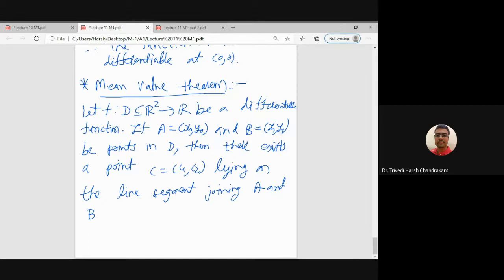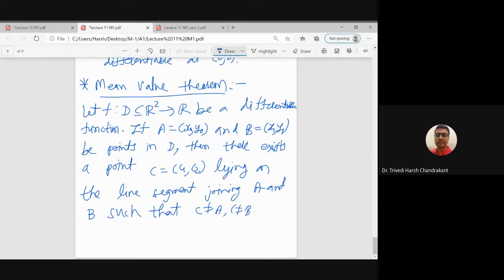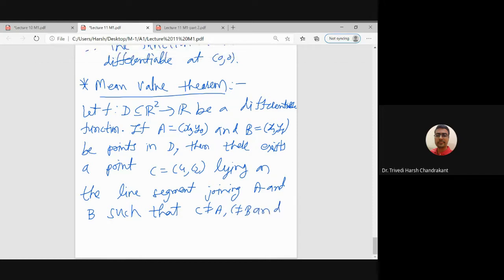So C lies on the line segment between A and B, and C is not equal to these 2 points: C not equals A, C not equals B. And C satisfies the condition that F(B) minus F(A) is equal to F dash C times (B minus A).